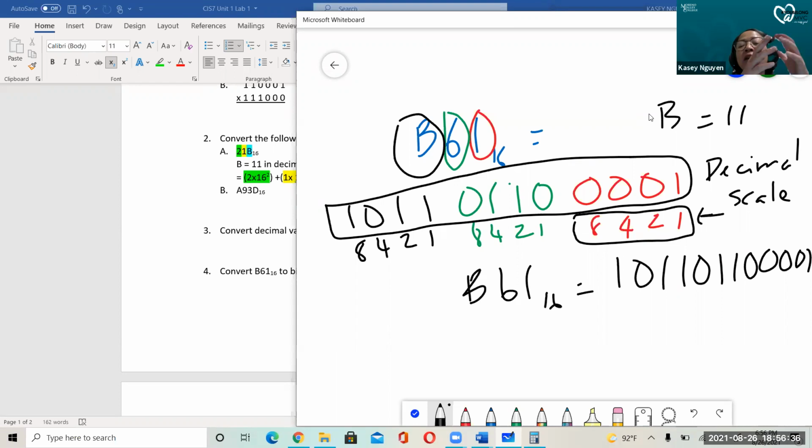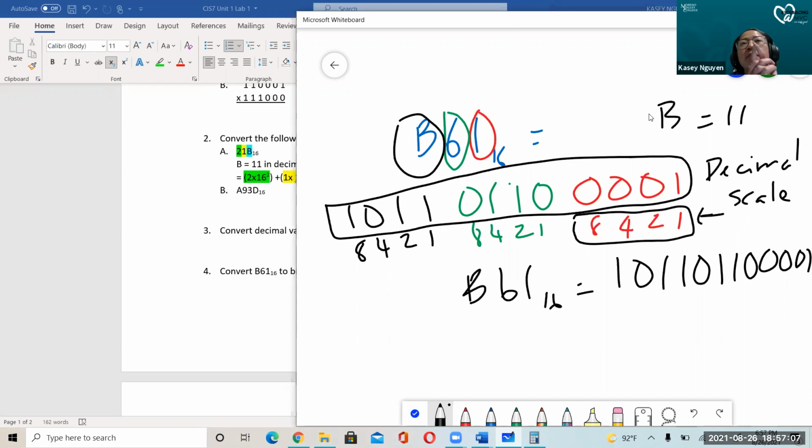Okay, so you will be expected to know how to do the conversion in hexadecimal to binary, and then going vice versa, and you would also be expected to know how to do decimal to hexadecimal and going the other way. So your question to me should be, how can we go from binary to hexadecimal, right?